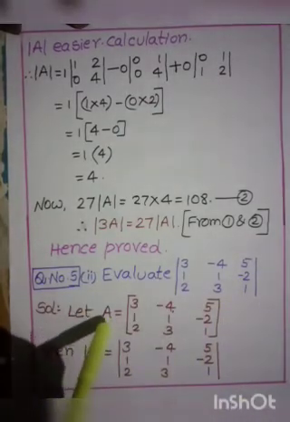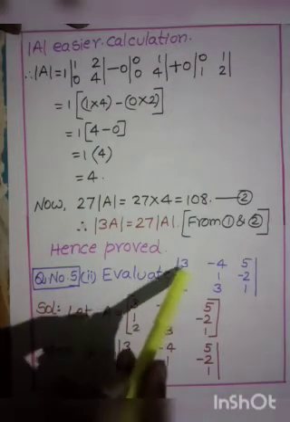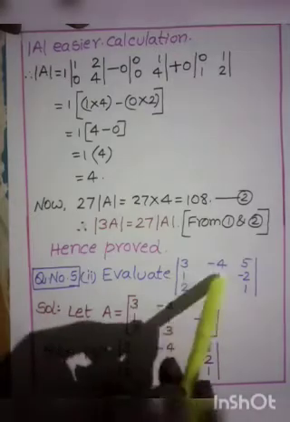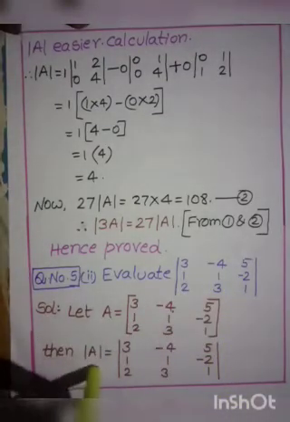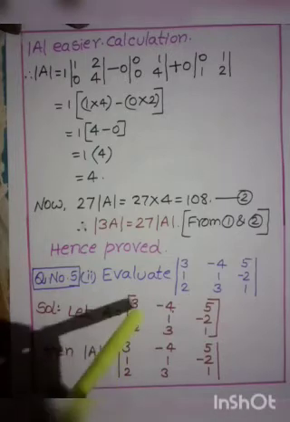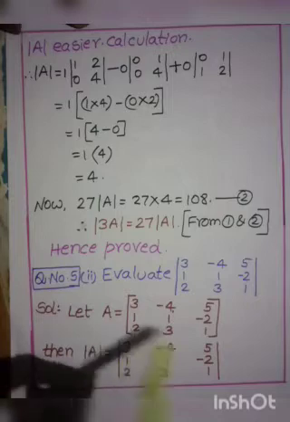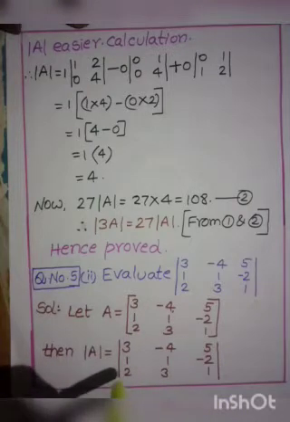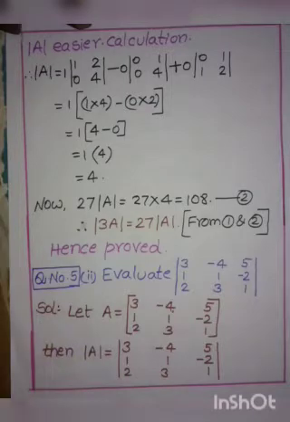So let us consider this matrix is A. A is equal to 3 minus 4, 5, 1, 1 minus 2, 2, 3, 1. Now we are finding its determinant. Det A is equal to det 3 minus 4, 5, 1, 1 minus 2, 2, 3, 1. Understood these steps, my dear children? Right.